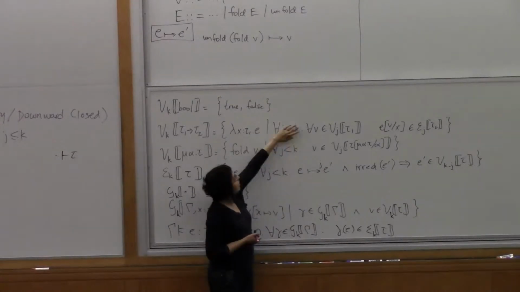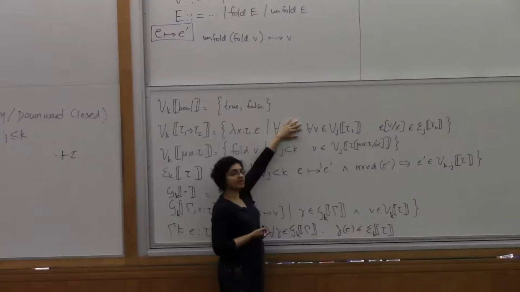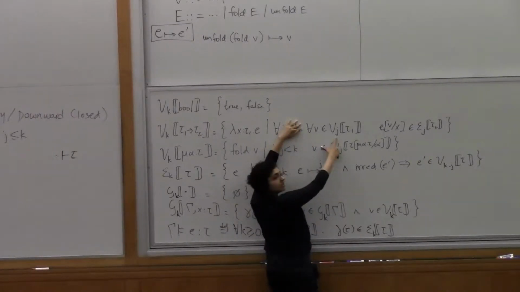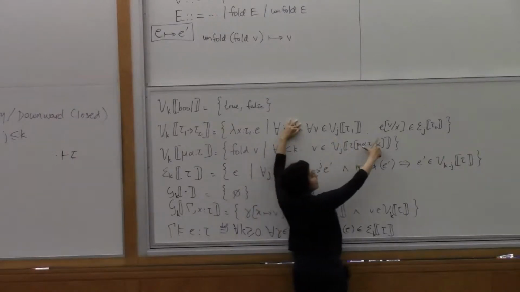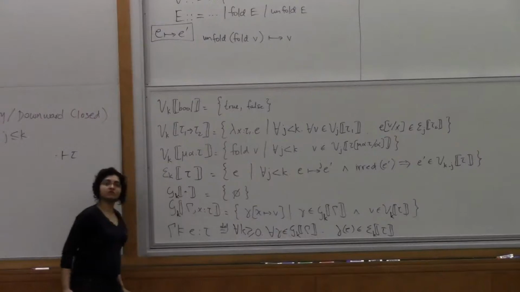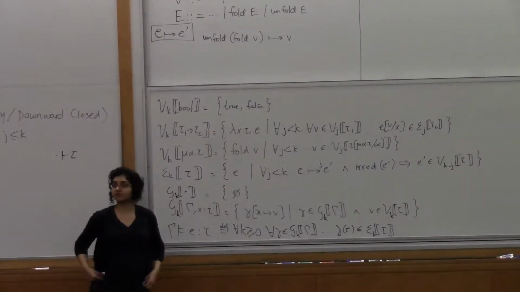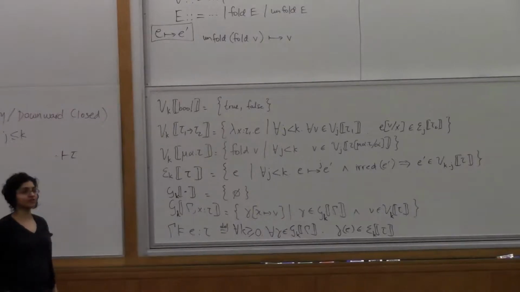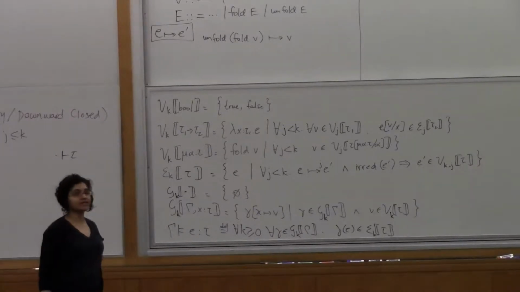What if I had not said for all j less than k? What if I had just said, if you give me a v that's good for k steps, and then I do the substitution, that expression has to be good for k steps? Does anyone want to argue for that definition, or at least wonder what would go wrong if we had done that?